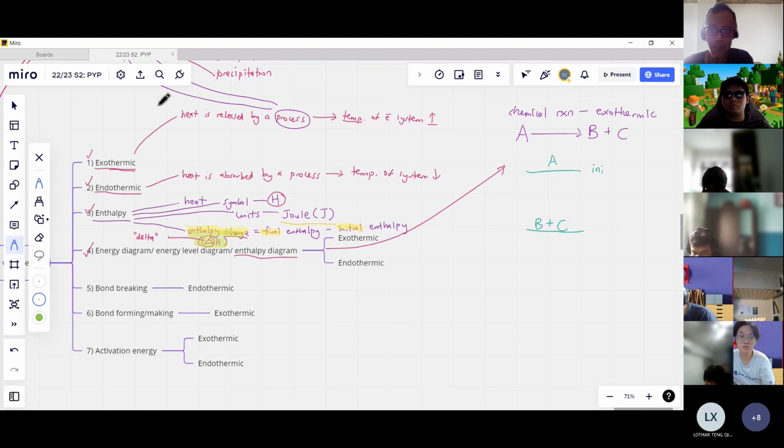This line means the initial enthalpy. Remember, left hand side is initial, right hand side is final. That is the convention that we tend to follow.